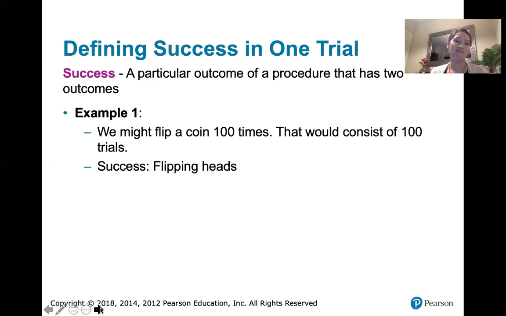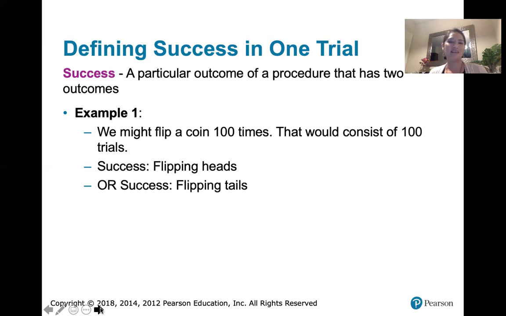So if you got 47 heads out of 100 flips of a coin, we would call that 47 successes in 100 trials. Now, we could have just as easily defined success to be flipping tails. That would be fine too. If we flipped heads 47 times, then we would flip tails 53 times.